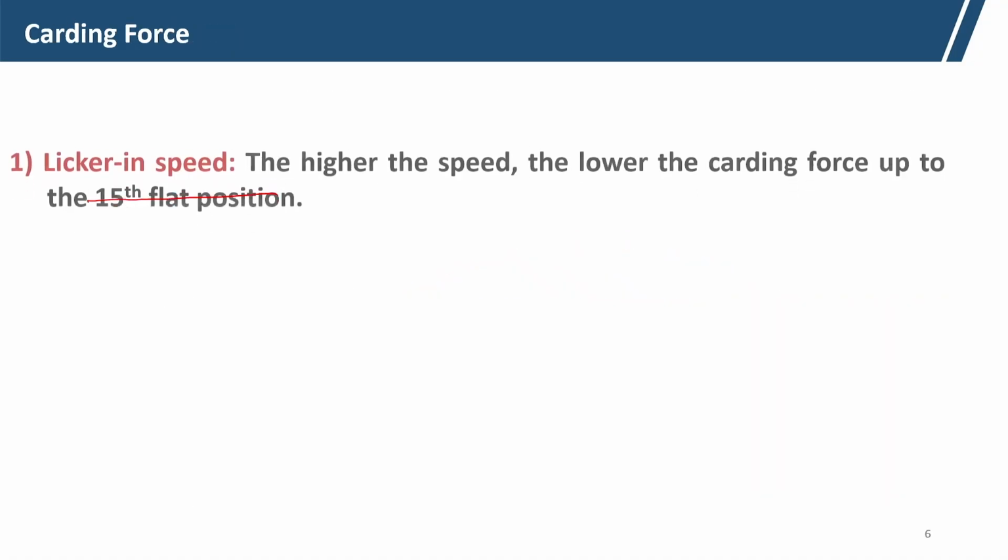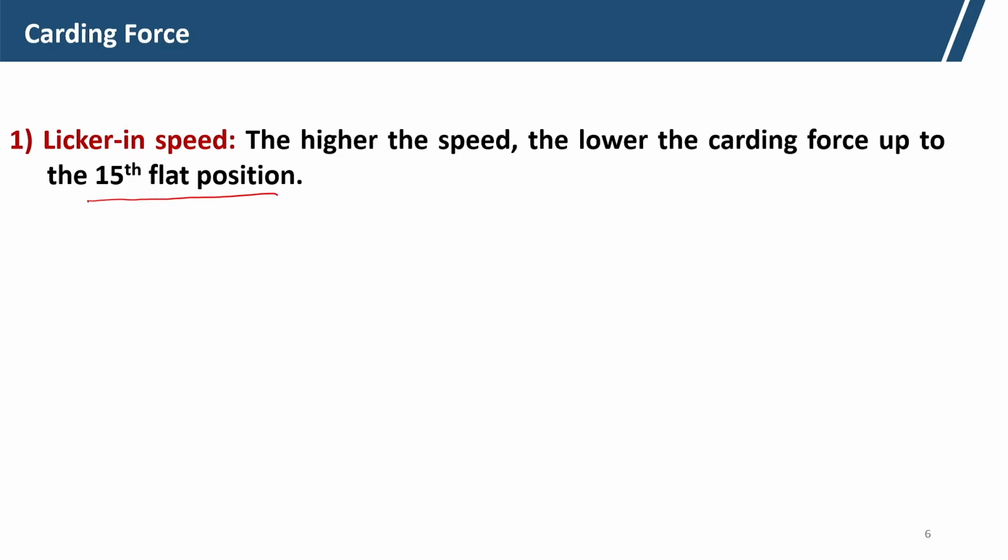So, the higher the Licker-in speed, the more the fibers are already opened. If the fibers are in cluster form, the entangled form, the carding force will be high. But when the fibers are relatively open, the force required during carding will be less.